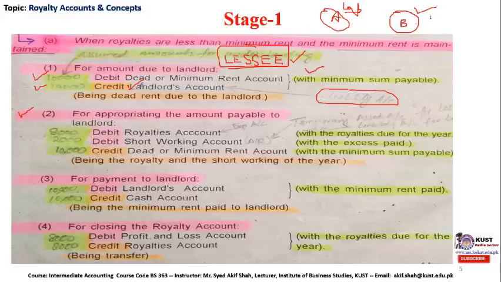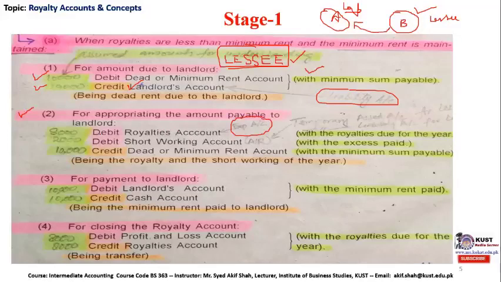However, party B is known as the lessee. So for party B, the royalty account is an expense account because it has to pay a certain amount as royalty to party A.